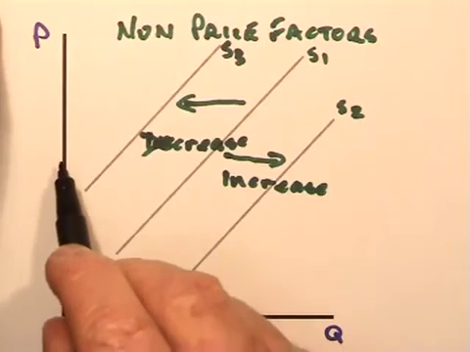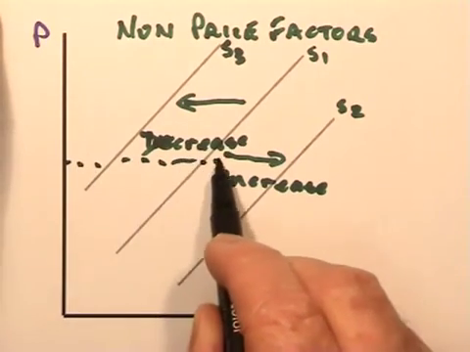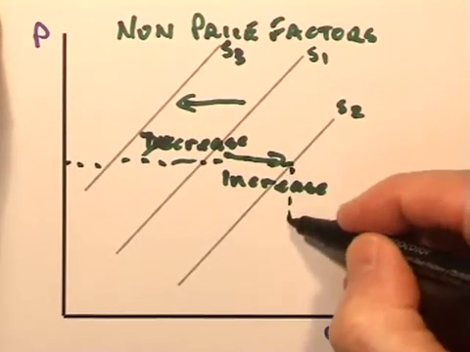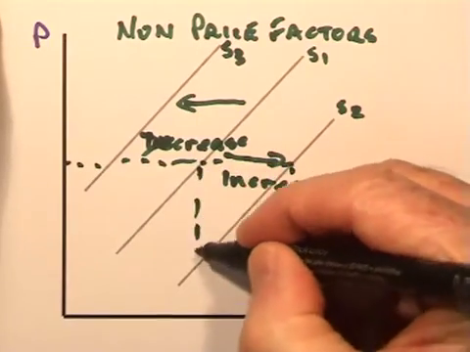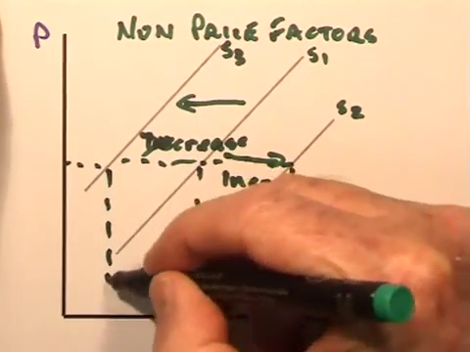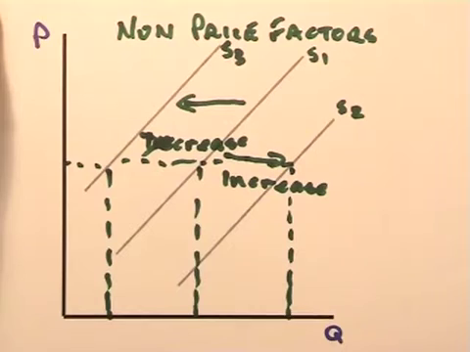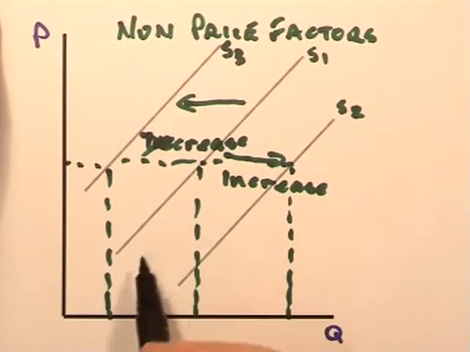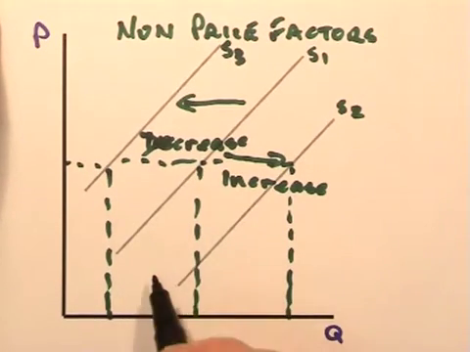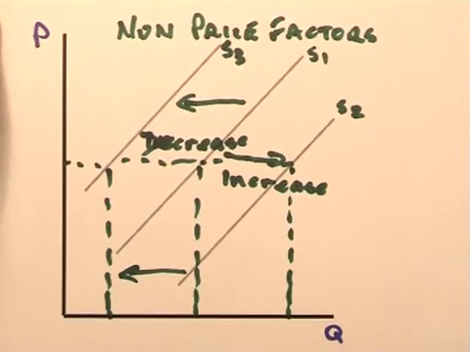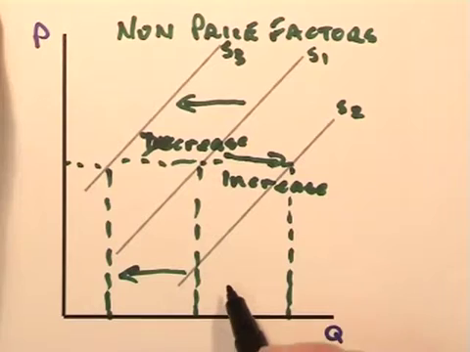For each of those, again, if we take a point that we draw through all three curves, we can see that the increase and decrease is quite obvious, that if you move from S1 back to S3, you can see how the decrease affects in terms of quantity.